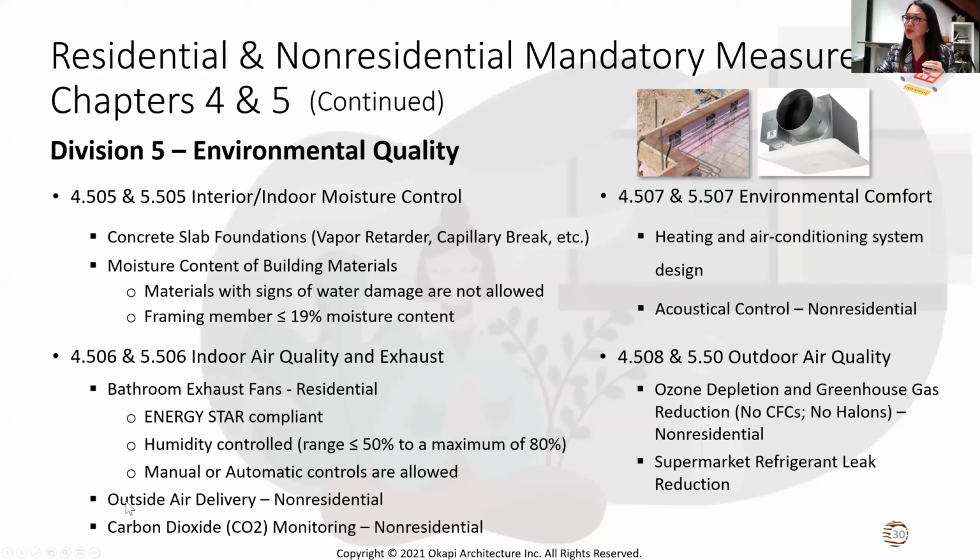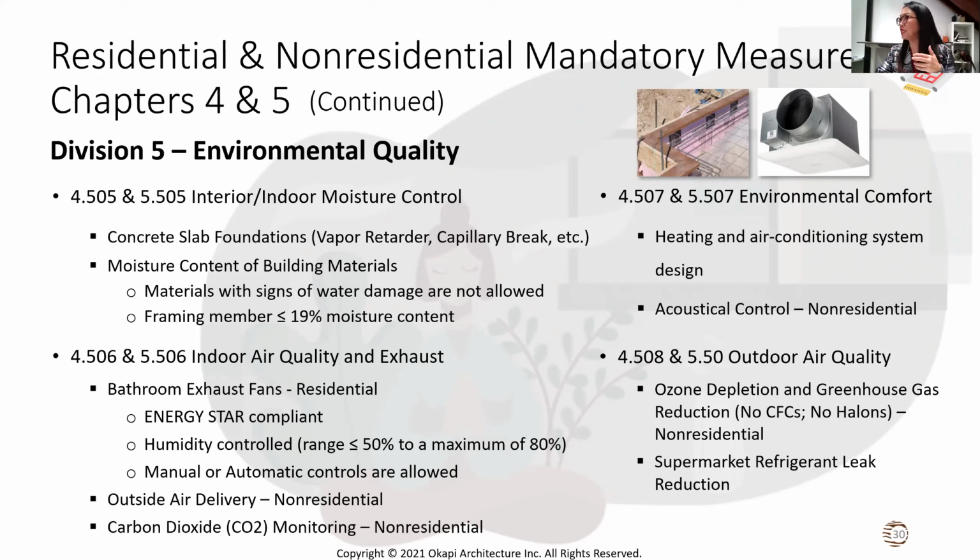What's interesting is the exhaust, the outdoor air delivery, and the carbon dioxide monitoring. Those are newer, more important items that I'm sure the next version of CALGreen and the energy code will address, just because of our current 2020 situation with COVID and the wildfires.